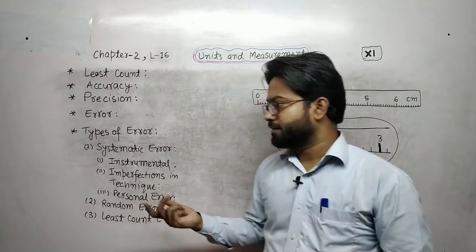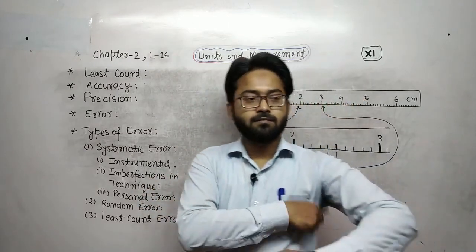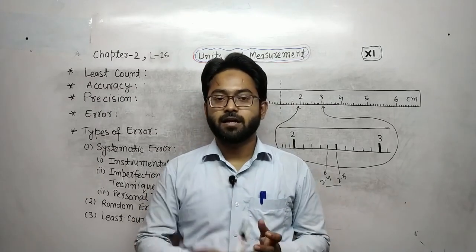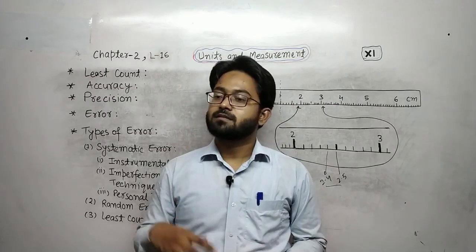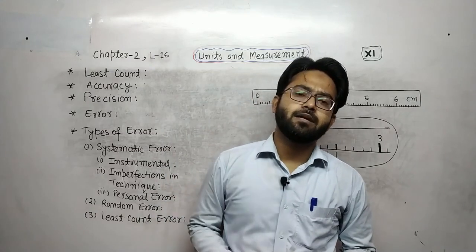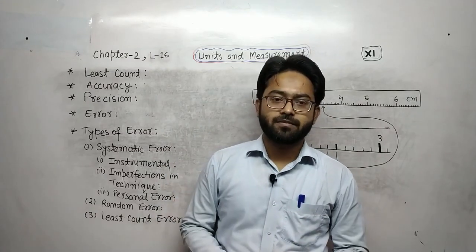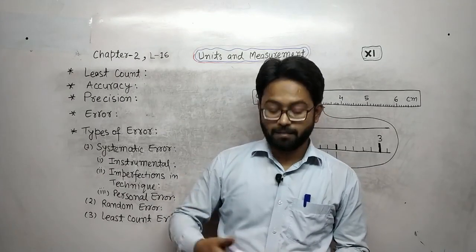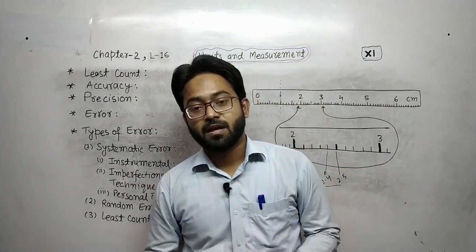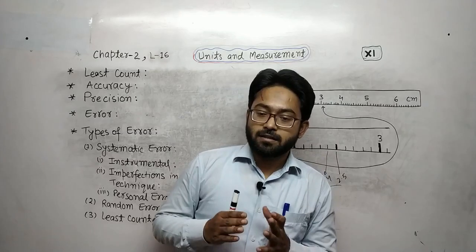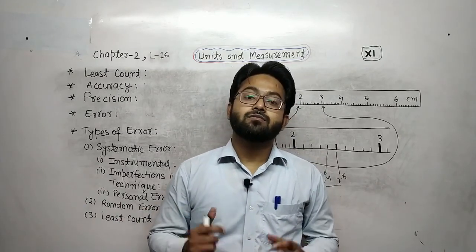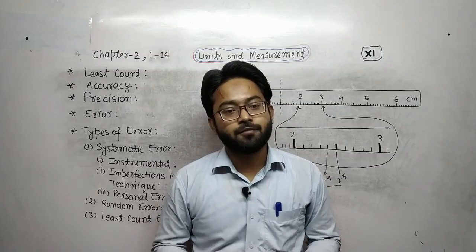There are 3 techniques. First one, just put the thermometer under the armpit. Second, under the tongue. And third one is the measurement of the temperature of the human body surface by the temperature gun. These are the 3 techniques to measure the temperature of the body, but these 3 techniques will have different values.